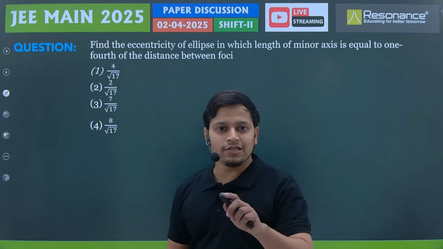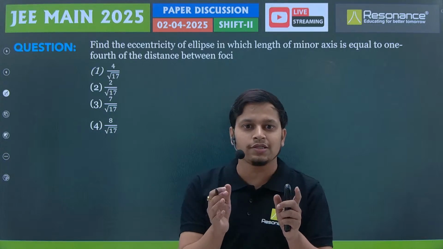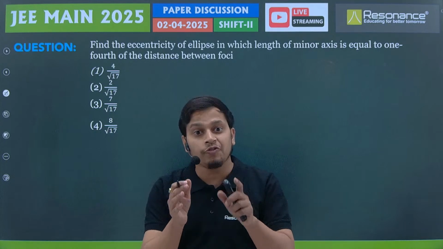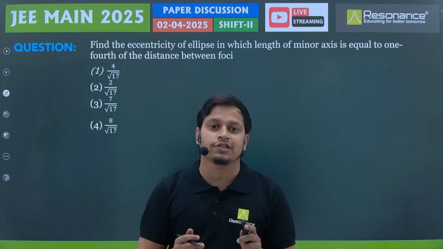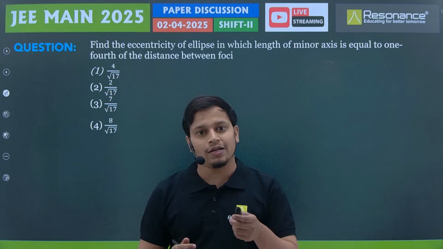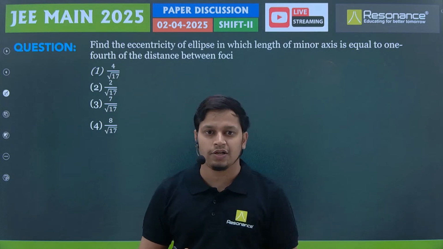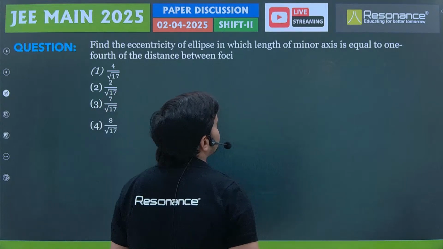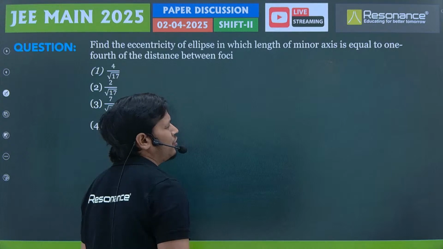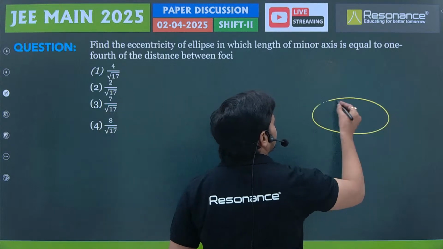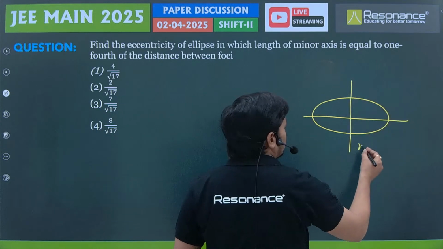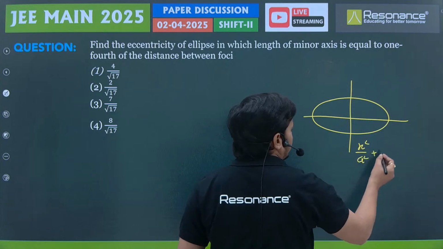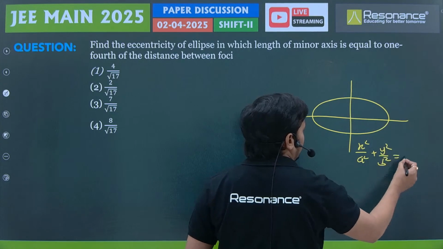And especially generally it is seen that in mains exam, from tough chapters they are giving the easy questions, and from easy they are giving the tough questions in the last 3-4 years. Okay. So here eccentricity of the ellipse in which the length of minor axis. For the ellipse, suppose this is the ellipse in standard form, that is x square by a square plus y square by b square equal to 1.